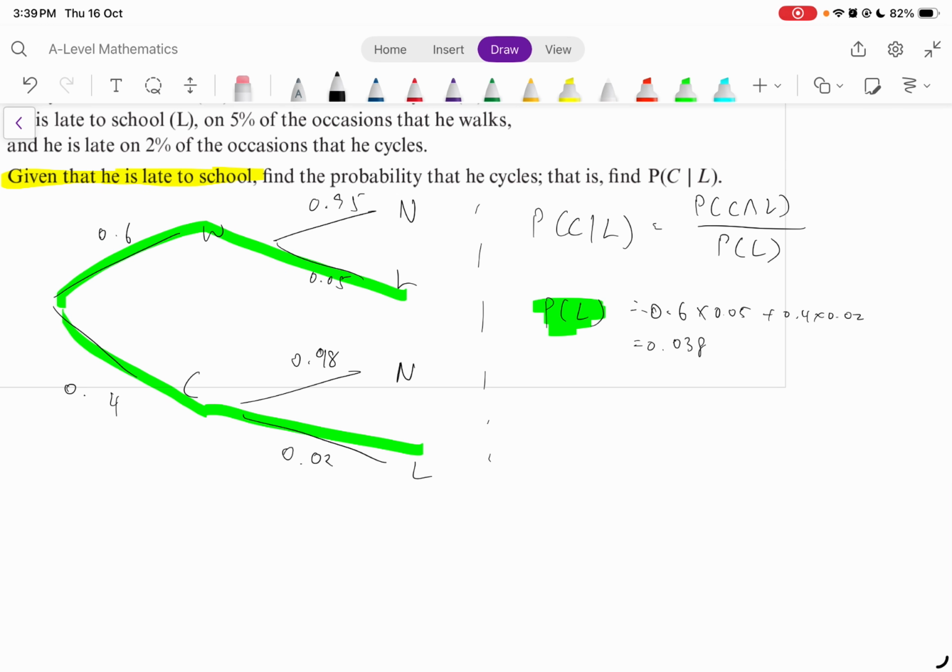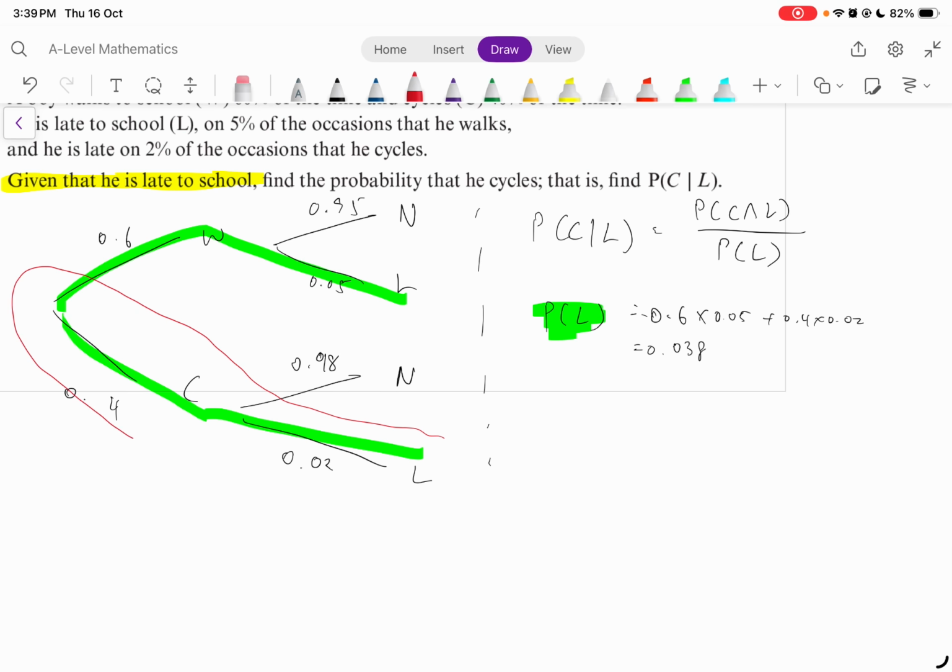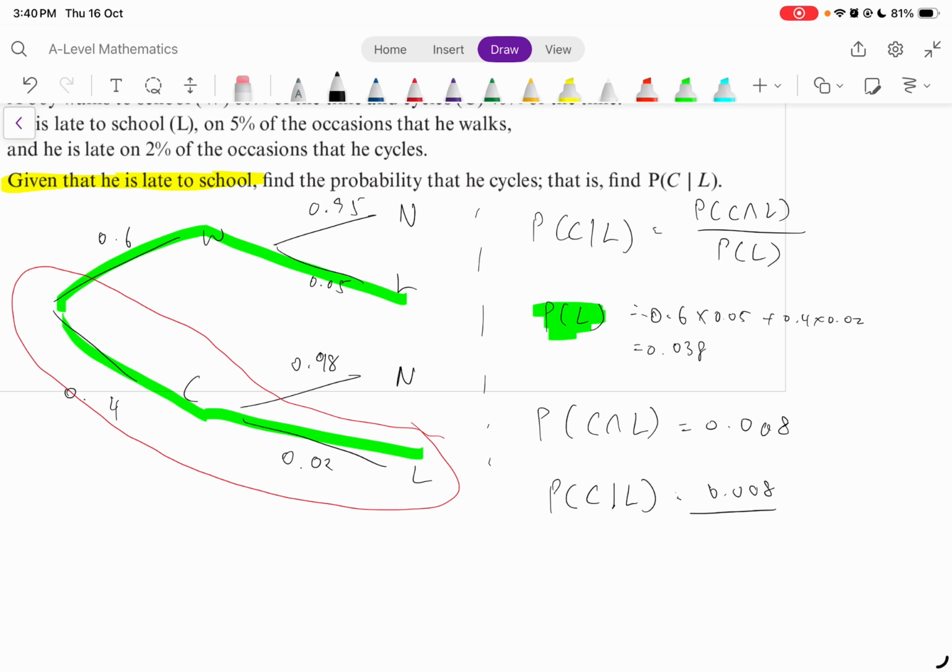So to find C intersect L, that is this path, yes. So C intersect L is equal to 0.008. So hence, our probability of cycling given that he's late is equal to 0.008 divided by 0.038, which is 0.211. If you want to write a fraction, that is also acceptable.